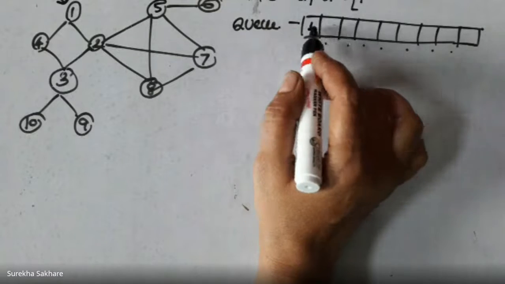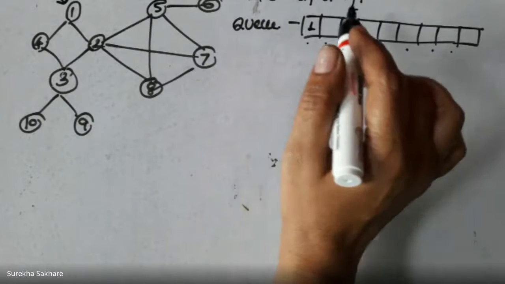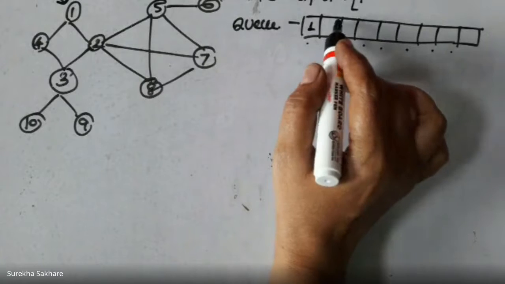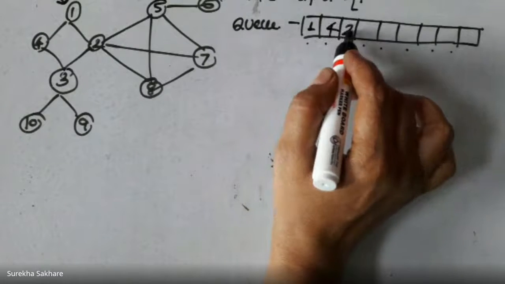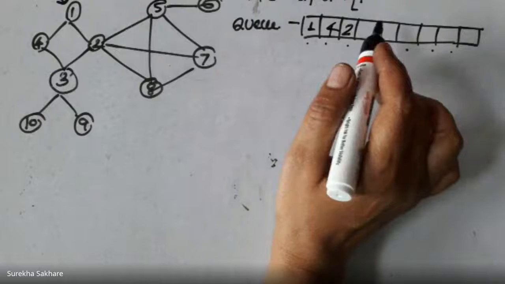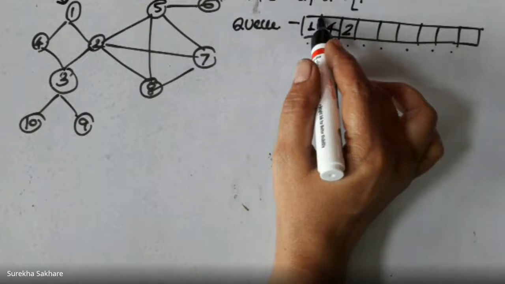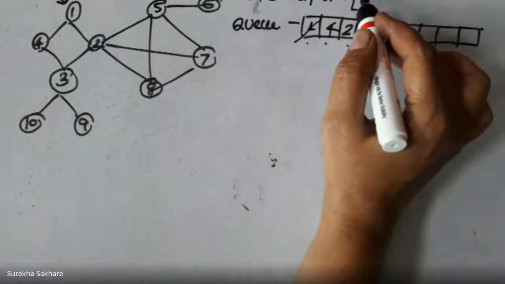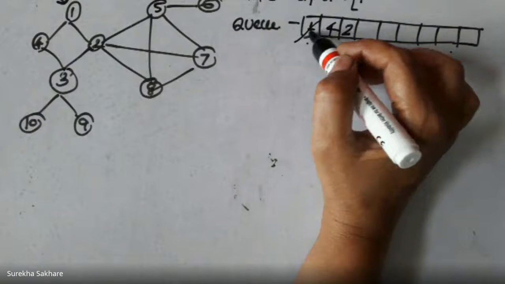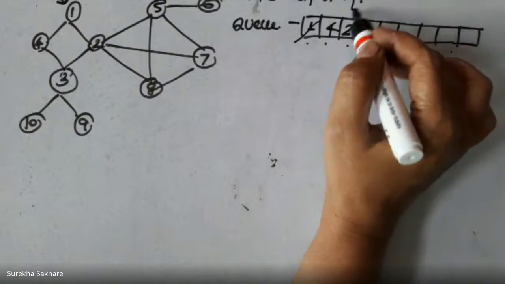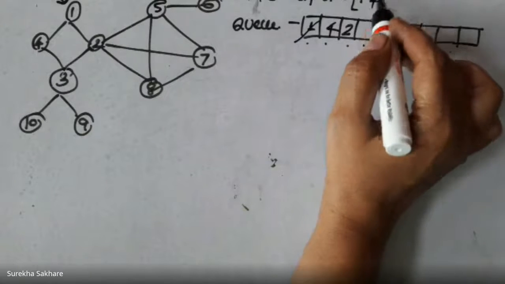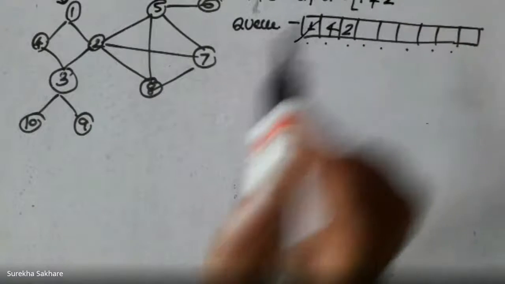Who are my next neighbors? I have to check. So 4 and 2 are my next vertices. The first has been introduced already in the queue and now it has been explored. I will also introduce 4 and 2 in the output because I have visited these.